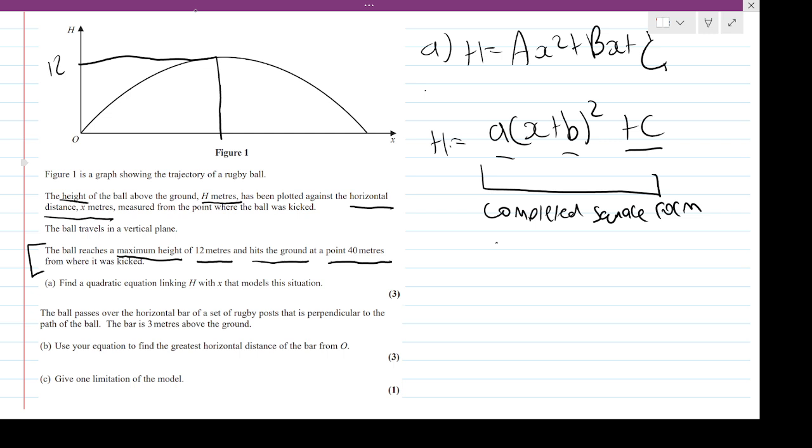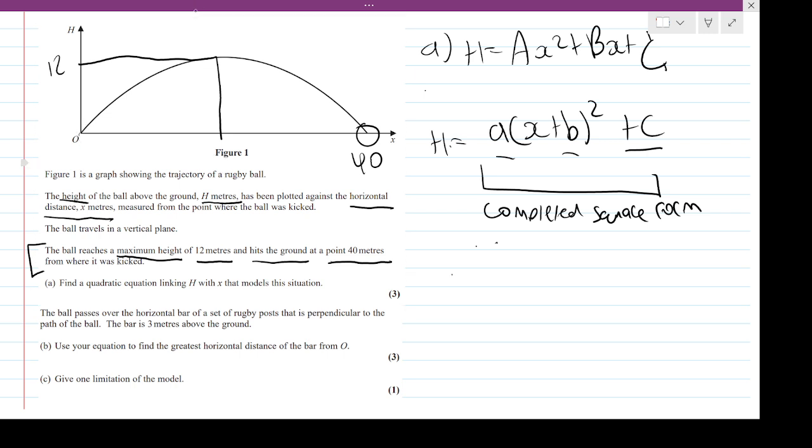Then it hits the ground, which corresponds to here, because when it hits the ground there's no vertical height, since the ground is at ground level. So ground level corresponds to this axis here. It hits the ground at a point 40 meters from when it's kicked. So that's when it's kicked, so that has to be 40, basically.